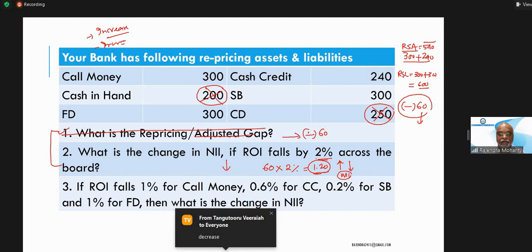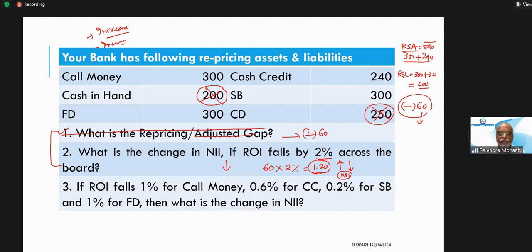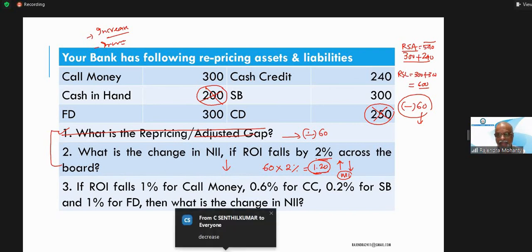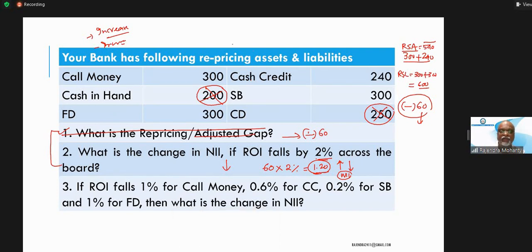I understood that; you are telling liability is more than asset, so it is going to decrease. But you should give me logic. You should mathematically prove that because RSL is more than RSA, the 1 rupee 20 paisa will be decreasing. You should give me a logical reason.